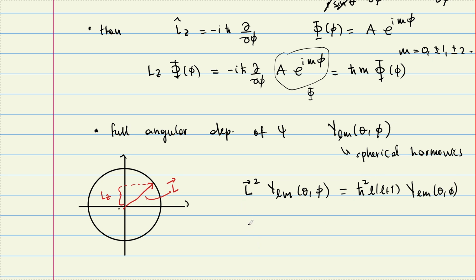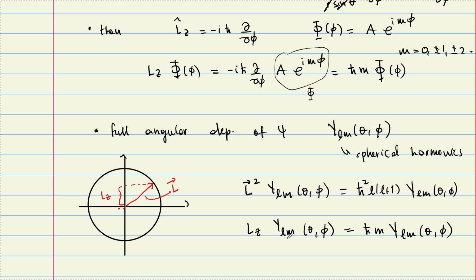And the second one is LZ acting on Y_LM(theta, phi) equal to h bar M Y_LM. Right? Go to the function and ask for M, and the function is going to give you M and put it there as the eigenvalue.